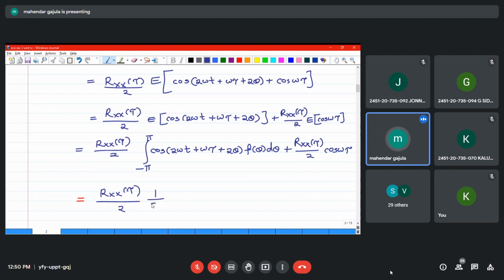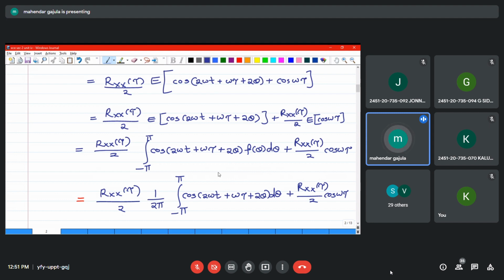So let us write it outside: 1 by 2 pi, integral from minus pi to pi of cos(2 omega t plus omega tau plus 2 theta) d theta, plus R_xx(tau) by 2 cos(omega tau).